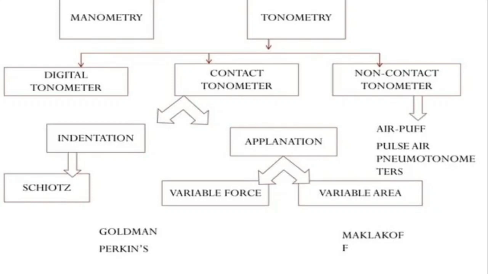Indentation tonometry and applanation tonometry are the contact types of tonometry. Indentation tonometry is further divided into types. Applanation tonometry is divided into variable force and variable area. Variable force means Goldmann applanation tonometry, and variable area is Maklakov tonometry.